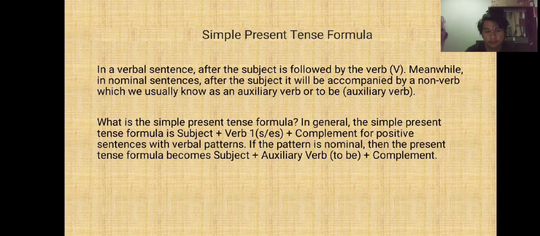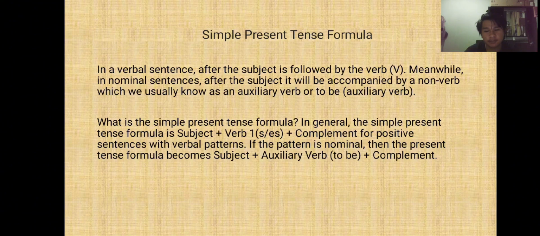Simple present tense formula. In a verbal sentence, after the subject is followed by the verb. Meanwhile, in a nominal sentence, after the subject, it will be accompanied by a non-verb which we usually know as an auxiliary verb or to be.